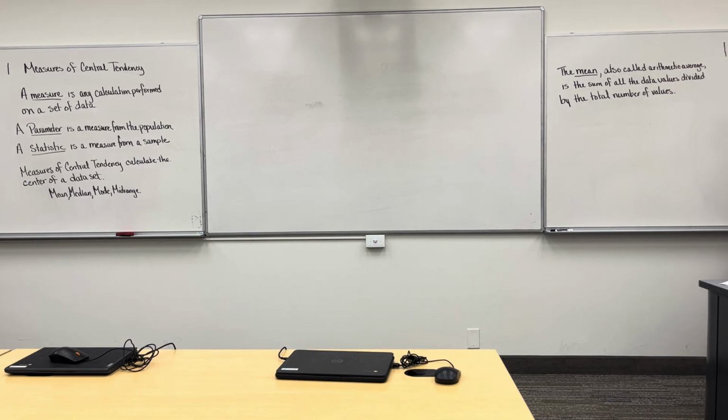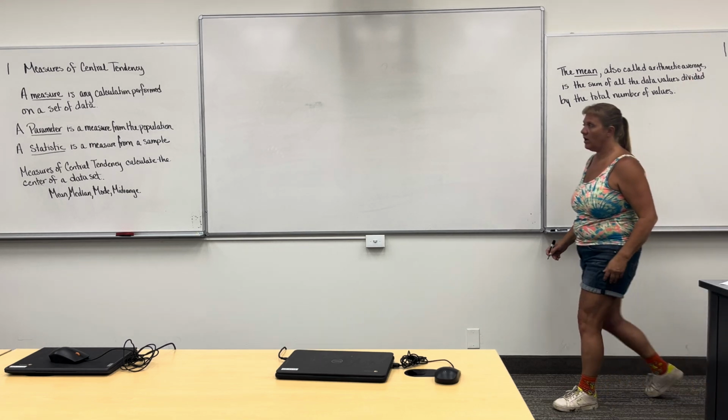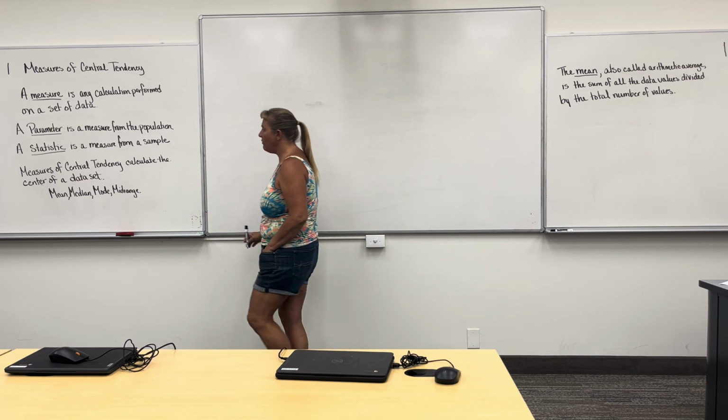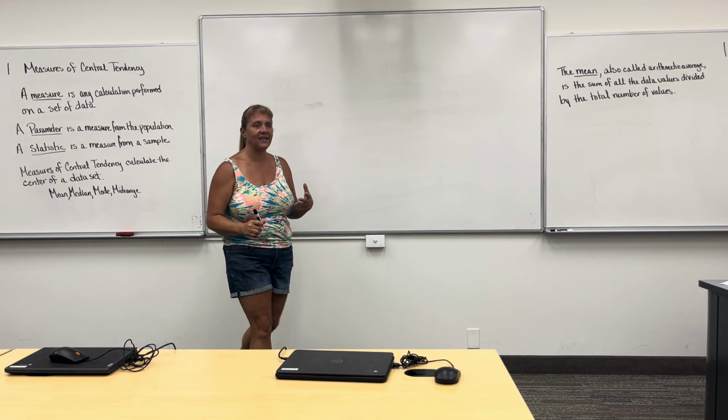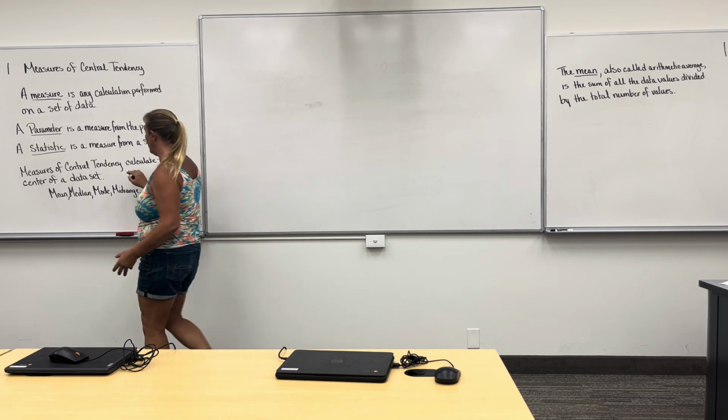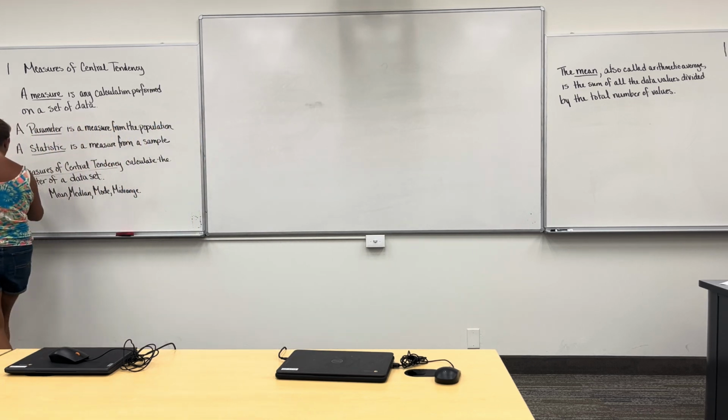So the mean is the one that we're used to hearing called the average, or the arithmetic average. The truth is that all four of these are averages. Average is just another way to say measures of central tendency. So measures of central tendency can also be called averages.